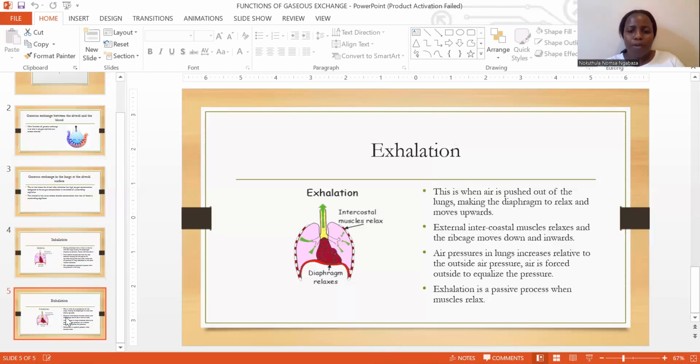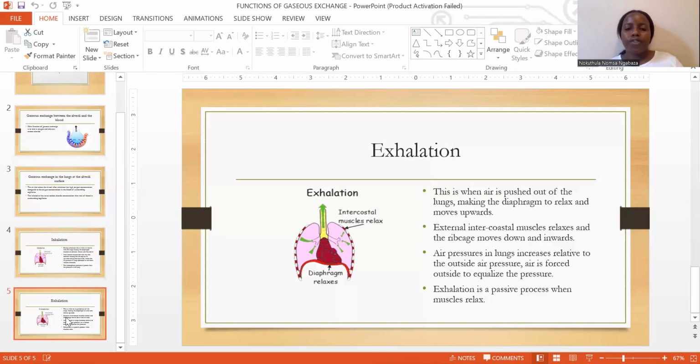Why are we seeing outside pressure? Because on the outside, we don't have much carbon dioxide as compared to oxygen, but internally, guys, we have more carbon dioxide, which you are going to find in your body cells. That's why the air pressure in the lungs is going to increase.